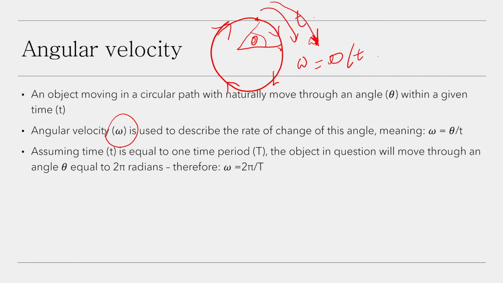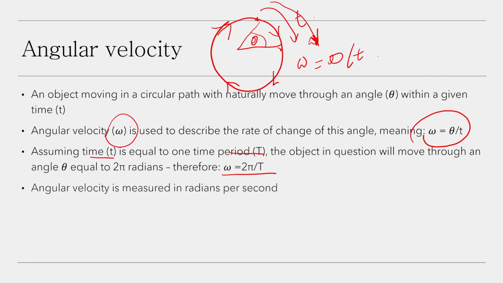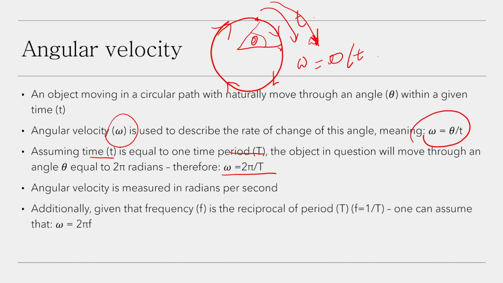Substituting that in, when time is equal to period, omega is equal to 2 pi divided by big T. Angular velocity is measured in radians per second, which is why we need to learn about radians. Given that frequency is the reciprocal of time period, where f is equal to 1 over T, we can also say omega is equal to 2 pi f.